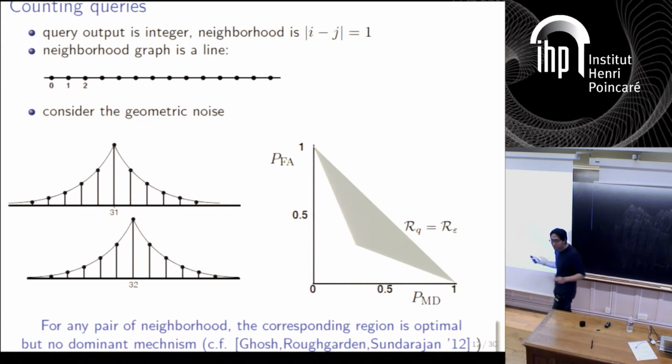But the simulation might depend on the neighborhood. So this is not universal in itself, but certain universality results have been known from 2010 or 2012, the first draft by Ghosh, Roughgarden, and Sundararajan.